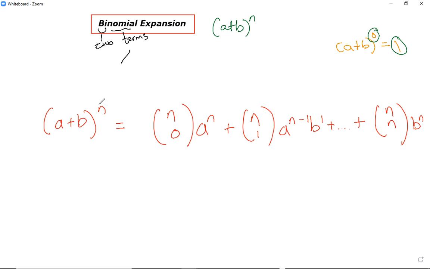Here you can see n is the power that it takes on, and then you simply subtract 1 from each every single time.